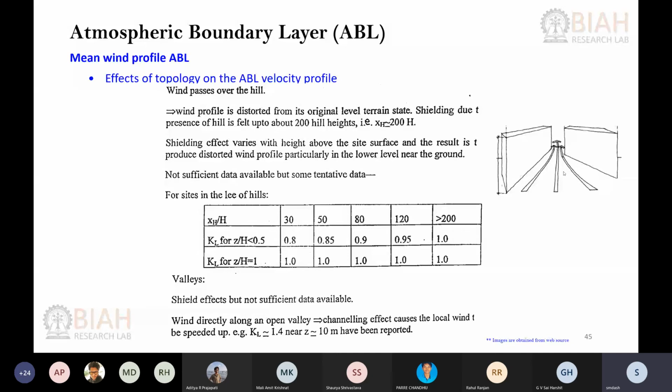So at a certain region, you will expect that the wind velocity will be higher than your undisturbed wind condition. In that case, your KL value is greater than 1. It can go to 1.4 times your undisturbed wind condition, and that happens because of the channeling effect, or a kind of Venturi effect. This is one of the interesting things you'll see in the valley region.